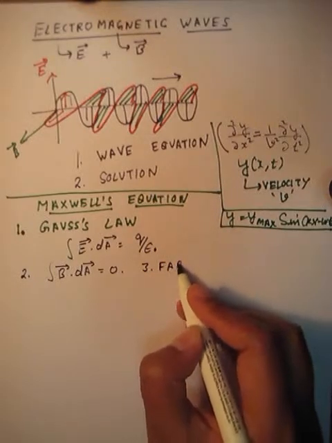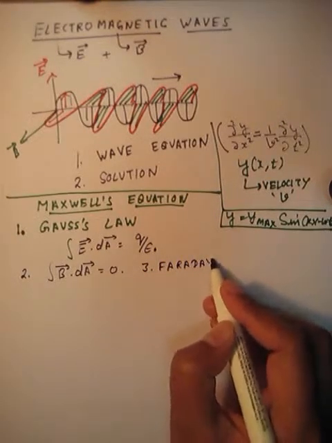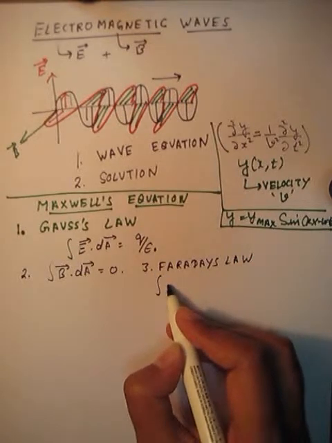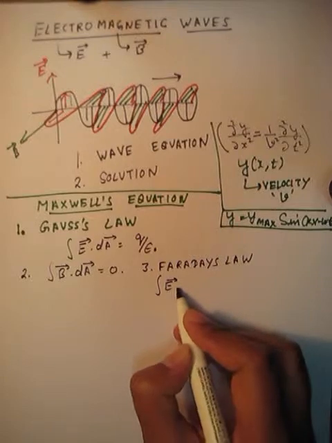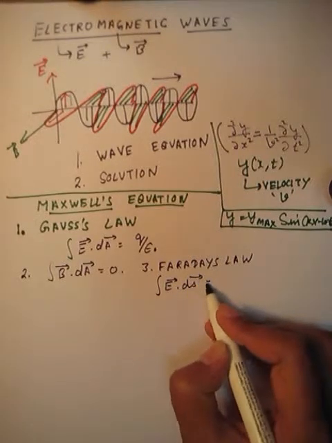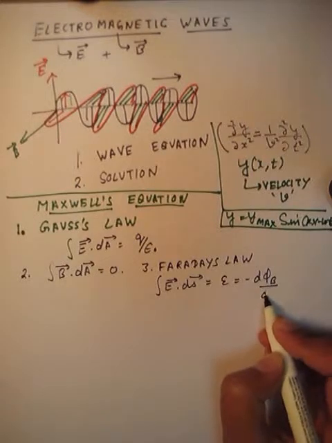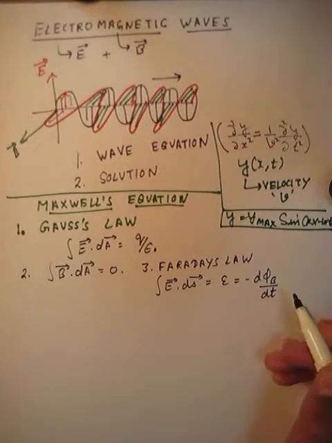Then the third is Faraday's law, which is the integral of E vector dot ds vector equals the emf, equals minus dφ_B upon dt.